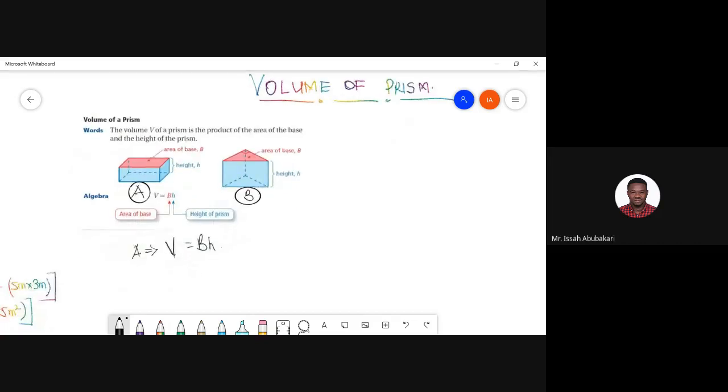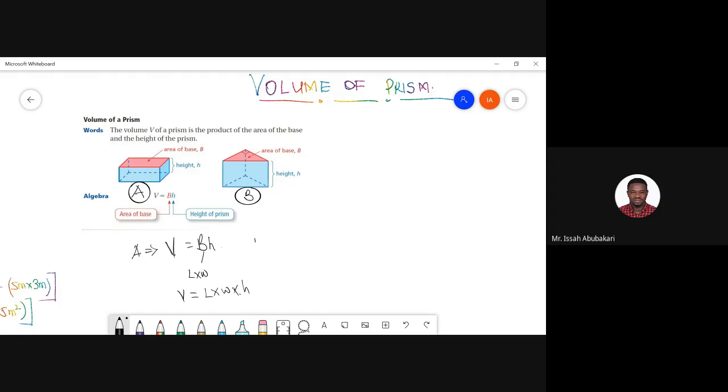But this base area is the same as multiplying the length by the width. Is that okay? That will give us the base area. And at the end, if you want to find the volume, we can conclude that the volume of figure A is equal to length times width times what? Height. And this will give us the volume.